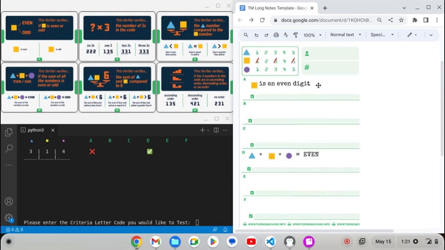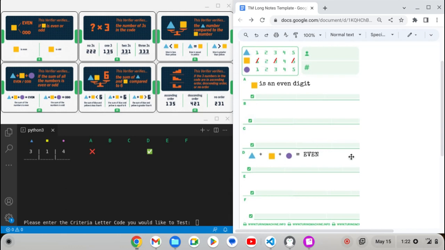So we already know that square is an even digit, and the sum total of the 3 digits is also even. So what that tells us is that triangle and circle are either both even or both odd. The reason is, when they're both even or both odd, if you add those digits together, you get an even quantity. And of course, even plus even remains even.